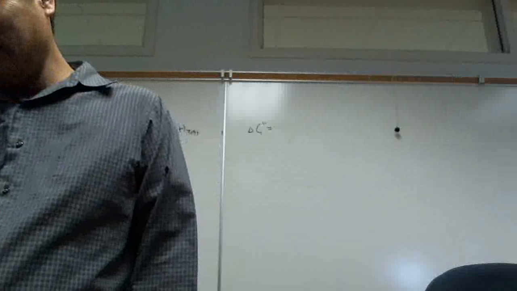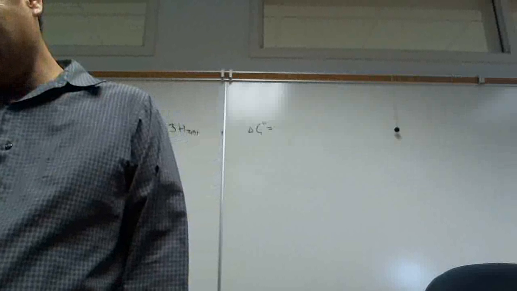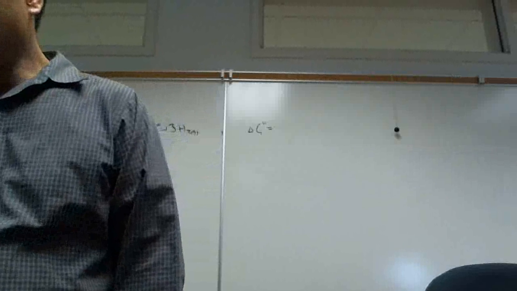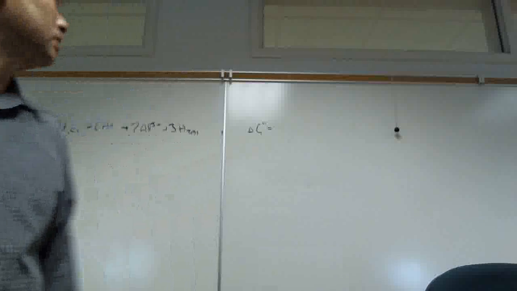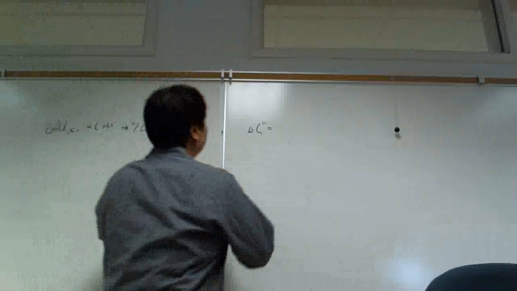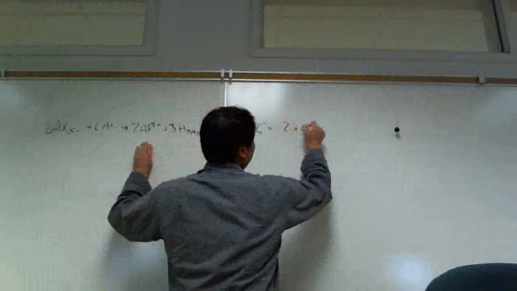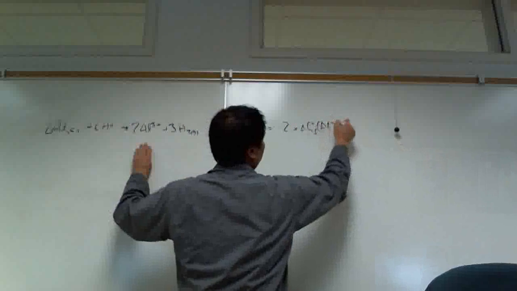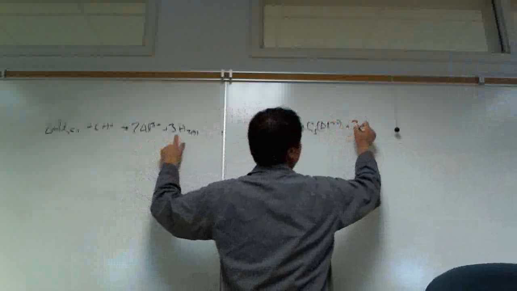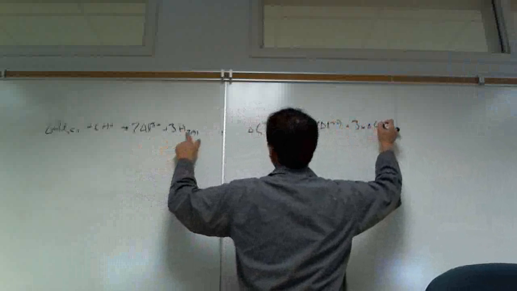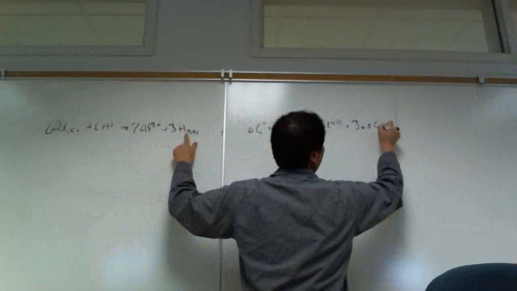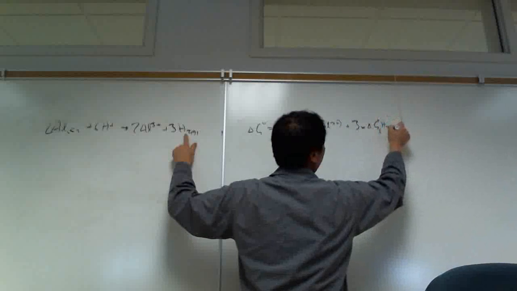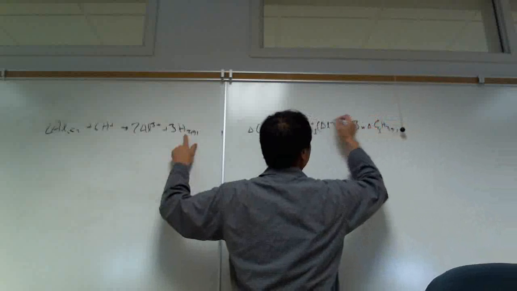So let's figure out what delta G of this is. We'll need 2 times the delta G of formation of Al3 plus, plus 3 times the delta G of formation of H2, which you should know. What is the delta G of formation of H2? 0.